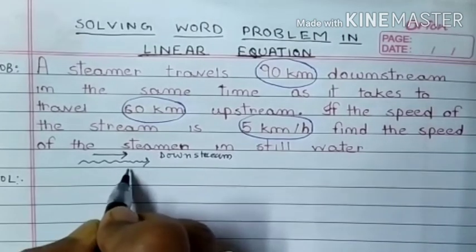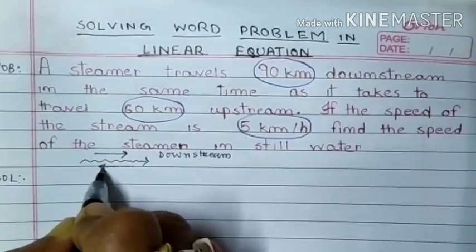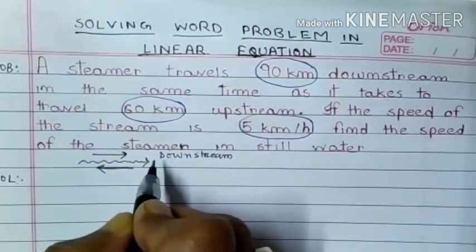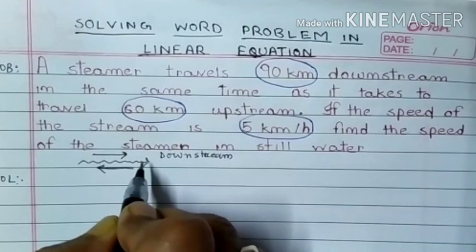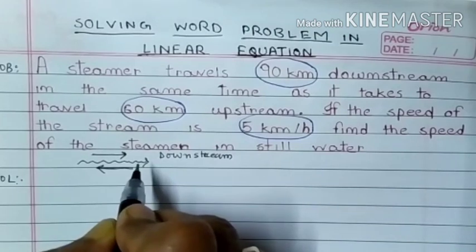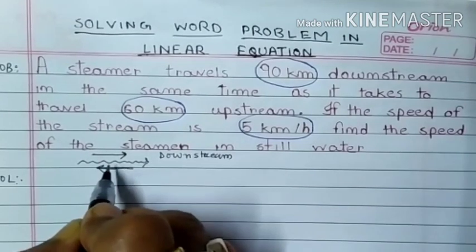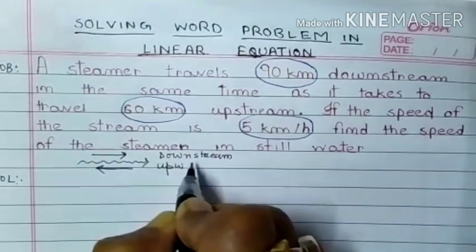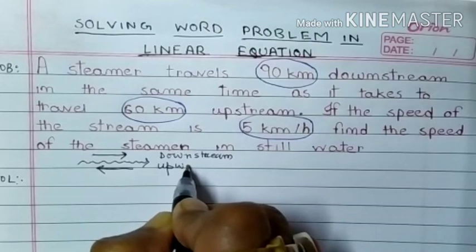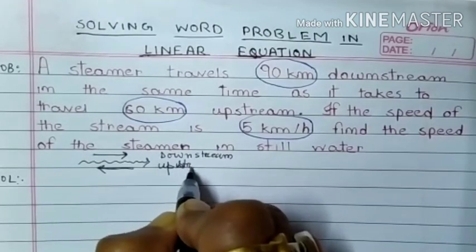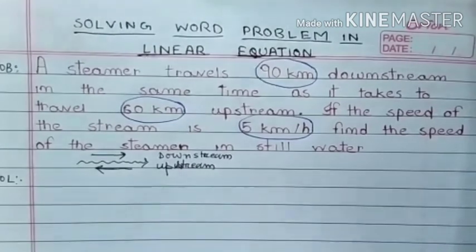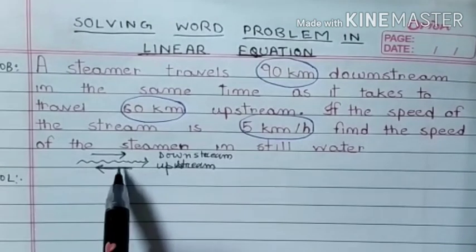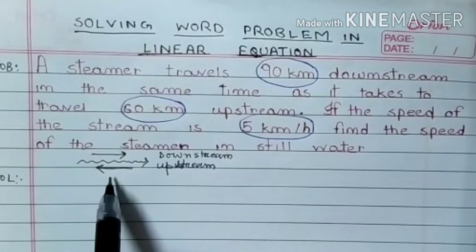And if you are going against the stream, suppose the stream is going towards east and you are going towards west, so you are against the stream. It is called upstream. One is downstream, one is upstream. So our understanding about downstream and upstream should be very clear.